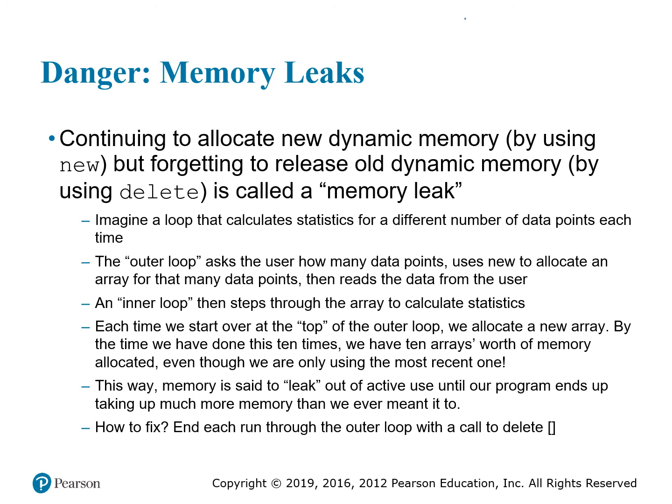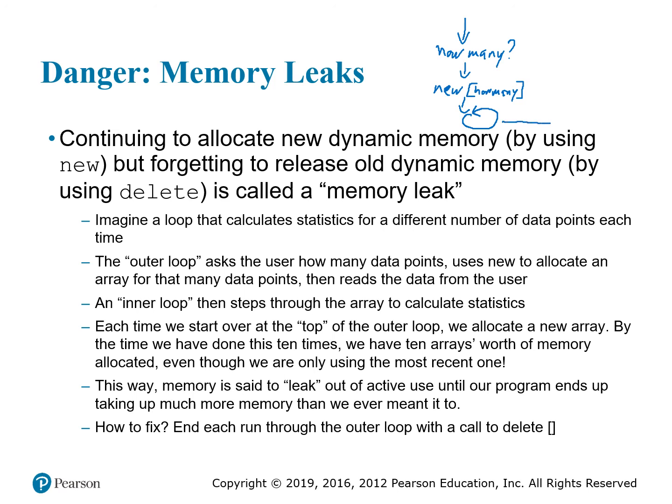So the outer loop says how many, says new array of how many, then goes into an inner loop that cycles through all those, reads in and cycles through those data points.